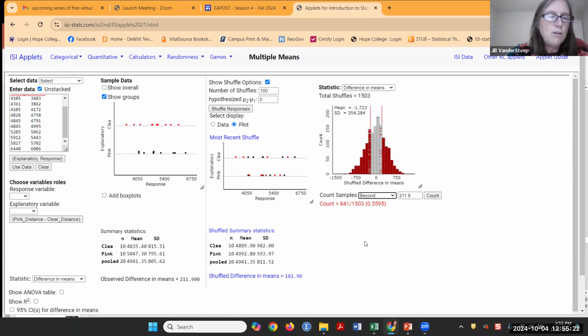And that individual variability is masking that difference that actually exists between using the pink rinse and the clear rinse. The paired design controls that individual variability because we're looking at those differences, just how different are the distances for each individual runner. And then we're able to see more clearly the differences between the clear and the pink rinses.